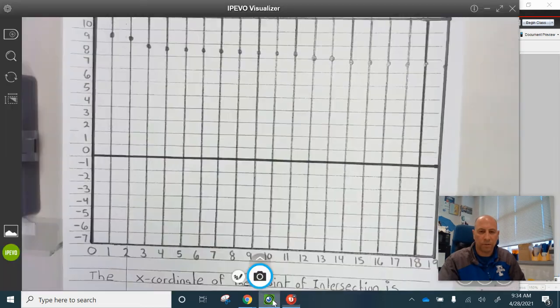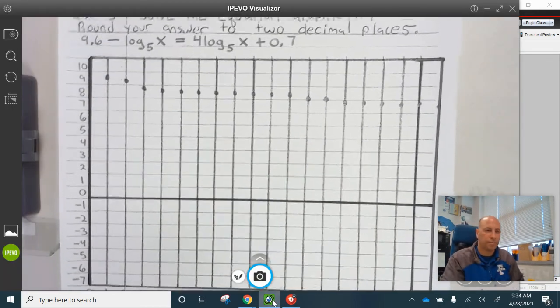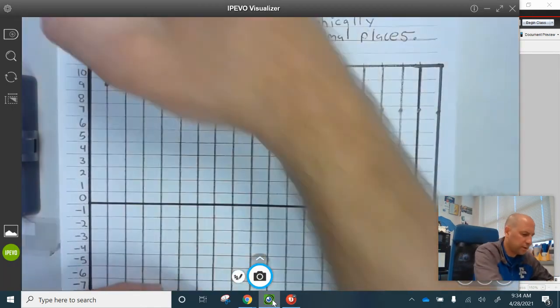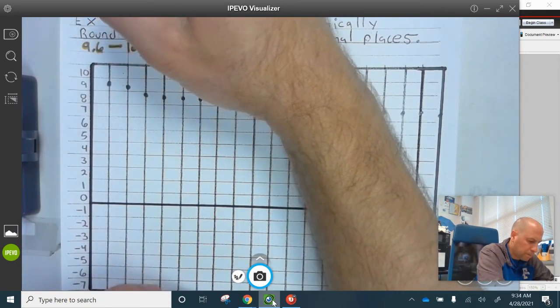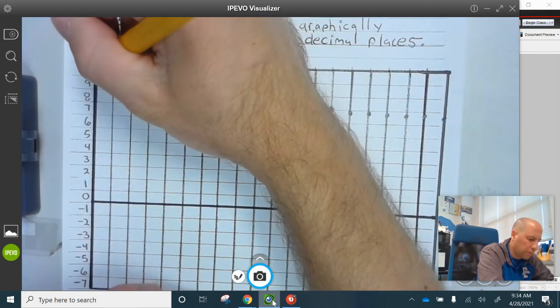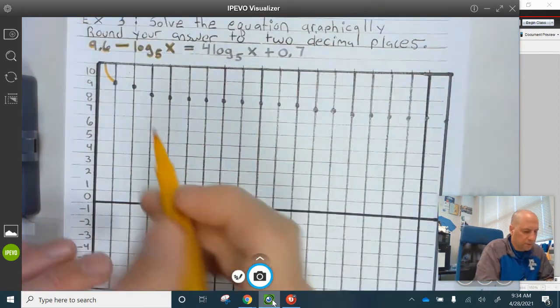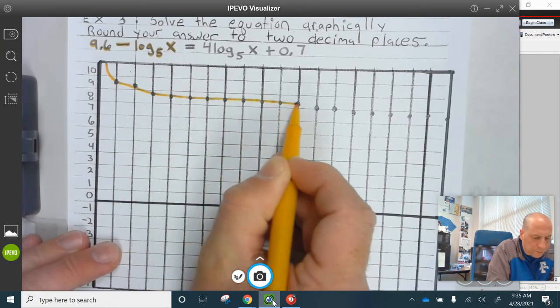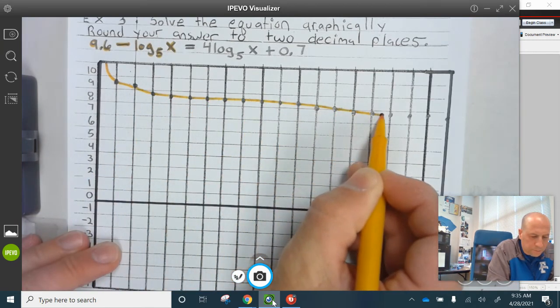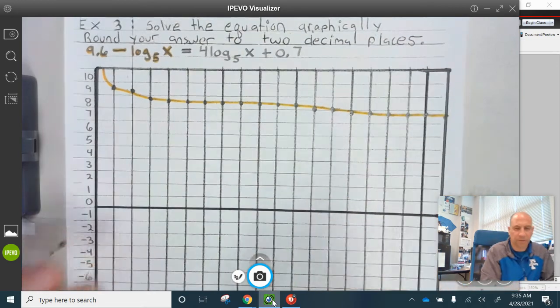Alright. So you have your graph. I'm going to graph that in yellow. Now we know it comes along the asymptote and it goes through these points.